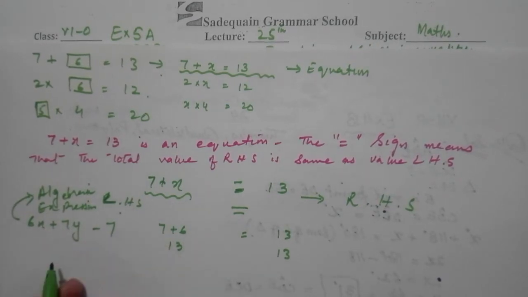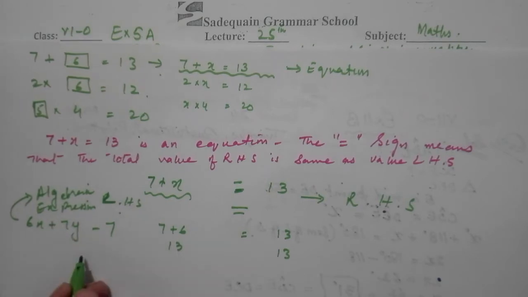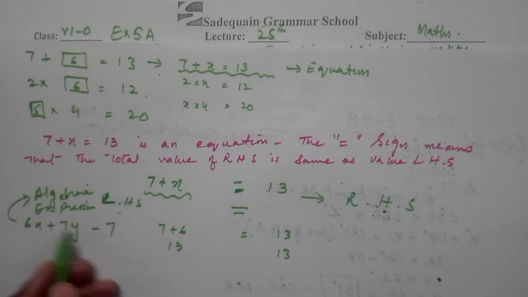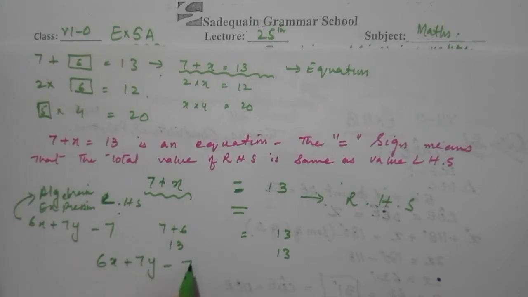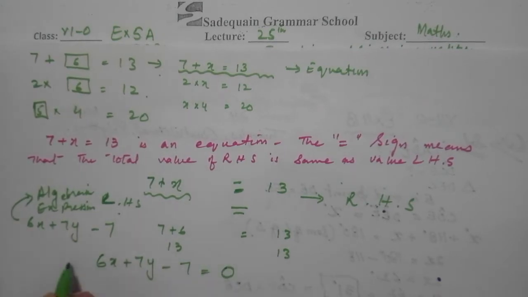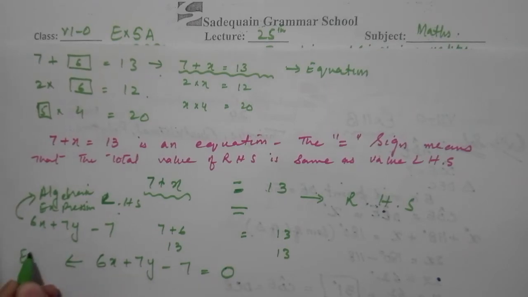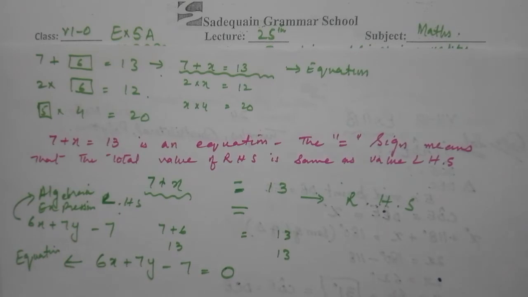Now this algebraic expression becomes an equation when I put an equal sign here. Do you remember when we discussed algebraic expressions, I told you that in an algebraic expression there is no equal sign. Now if I write 6x plus 7y minus 7 is equal to 0, it becomes an equation.